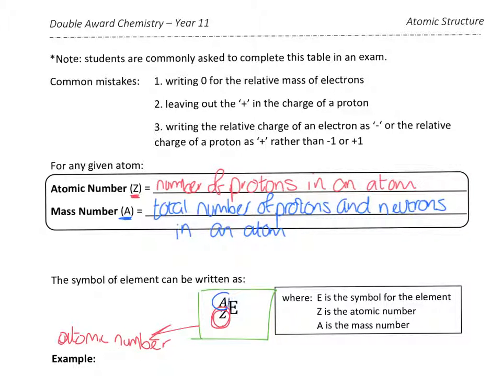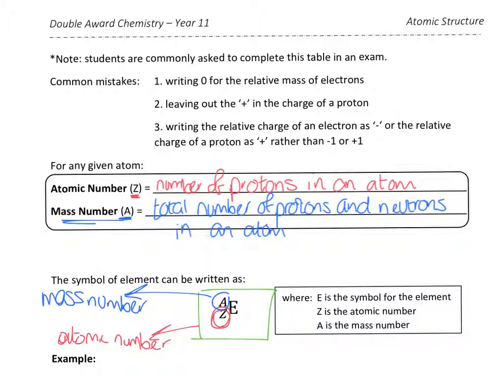And A is the mass number, so the top number is the mass number. The mass number is always going to be bigger because it has the total number of protons and neutrons. And that comes from looking again at your table of summary of your relative masses and charge: protons and neutrons have a relative mass of 1, and electrons have a relative mass of 1 over 1,840.